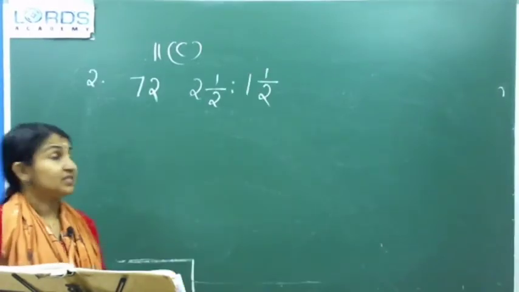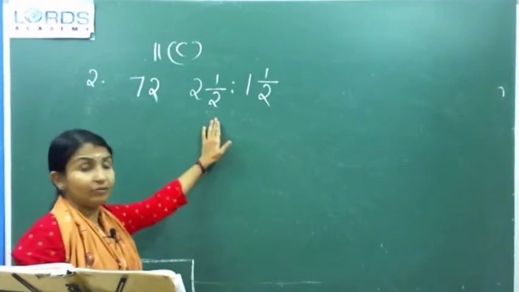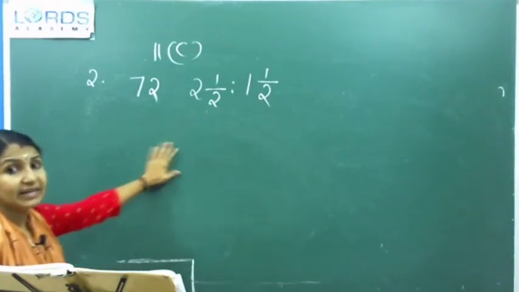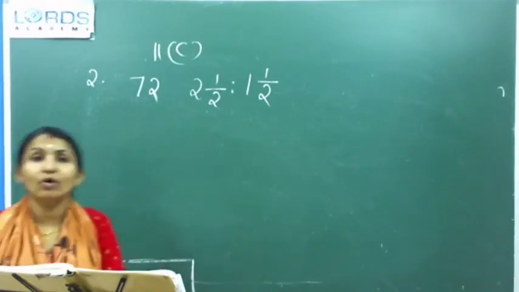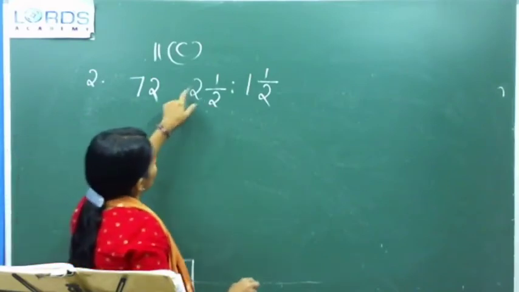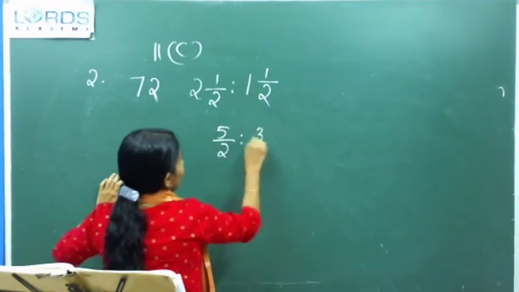Now the second question: we want to divide 72 in the ratio 2.5, or 2 1/2, is to 1 1/2. We already studied in the last class how to write 2 1/2 is to 1 1/2 in the simplest form. This will be 5/2 is to 3/2.